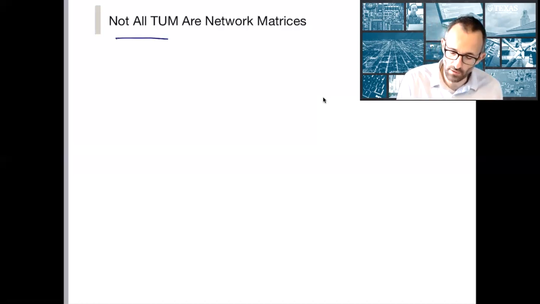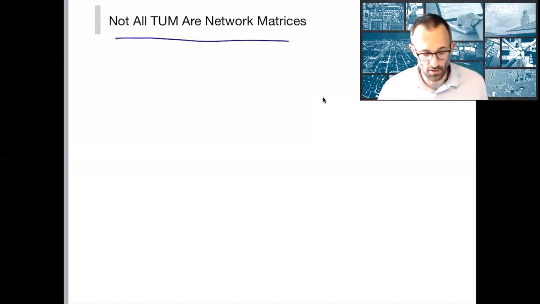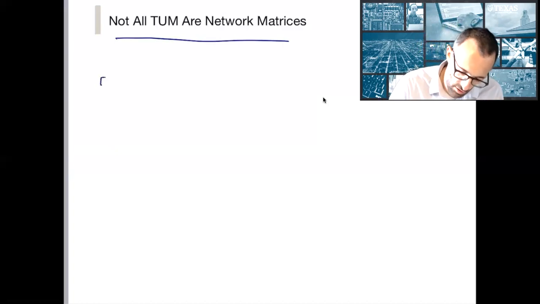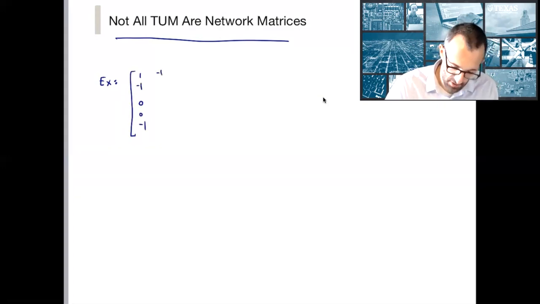So first of all, not all totally unimodular matrices are network matrices, and here are two examples. I guess I'll just write these down just so you can see them. So these are 5 by 5 matrices.